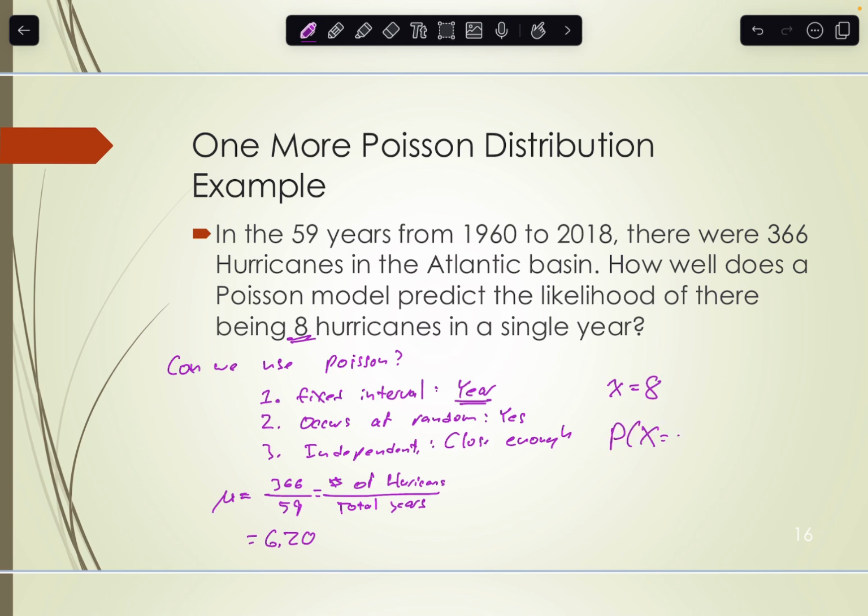I want big X to equal 8. To solve that, I'm going to use Poisson. X is 8. Mean is 6.2. Cumulative is 0 because I'm concerned with exactly 8. I don't want the probability of it being less than 8. I want 0 for that entry.